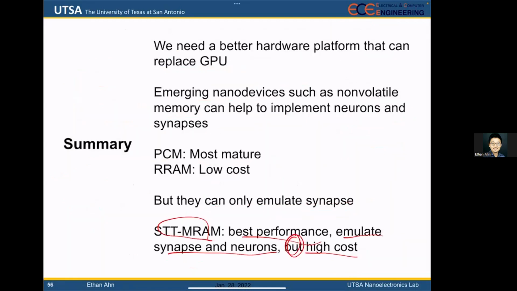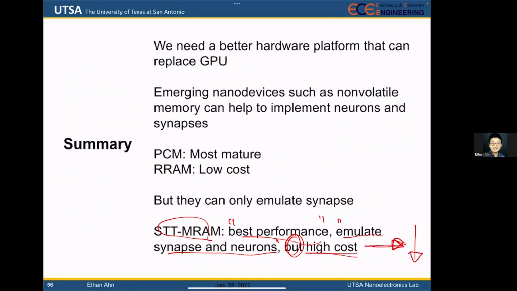Although it has a lot of promising aspects, in terms of performance and in terms of emulating both synapses and neurons, because of this high cost, more research and development efforts are still needed. But whenever I talk to the STT-MRAM industry, it looks like even this is now being tackled a lot.